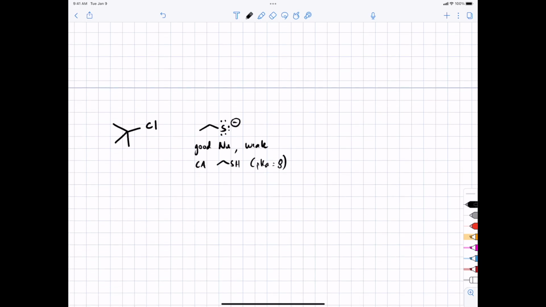All right. Well, we would say that SN2 is okay for this nucleophile, but there should be no E2. However, our alkyl halide is tertiary, so there can be no SN2, whereas E2 is okay. So we've ruled out SN2 for the alkyl halide. We've ruled out E2 for the nucleophile. So what can happen?